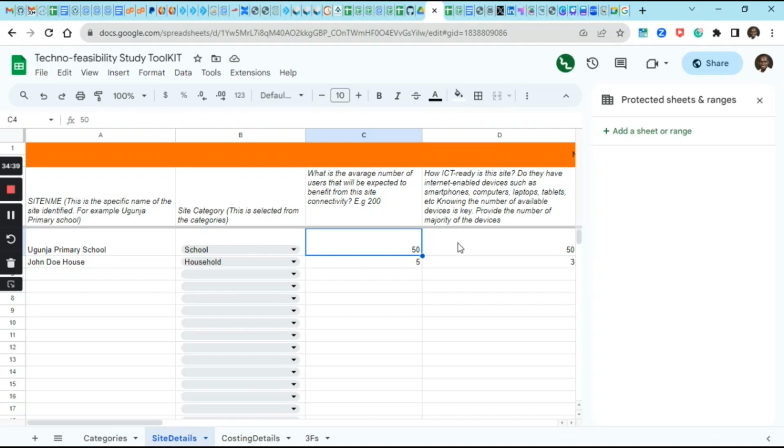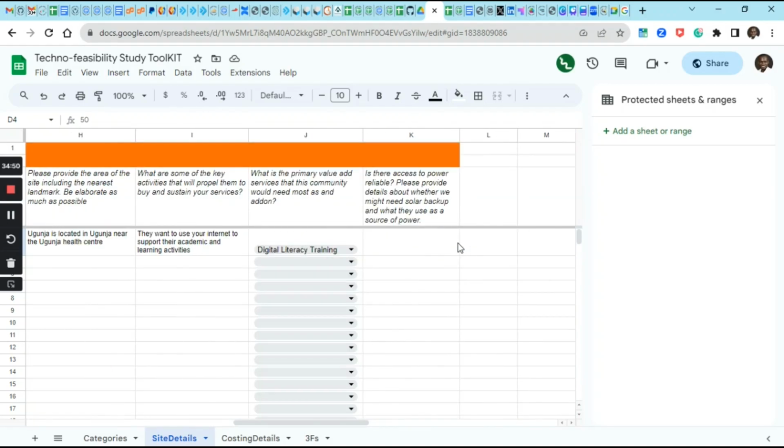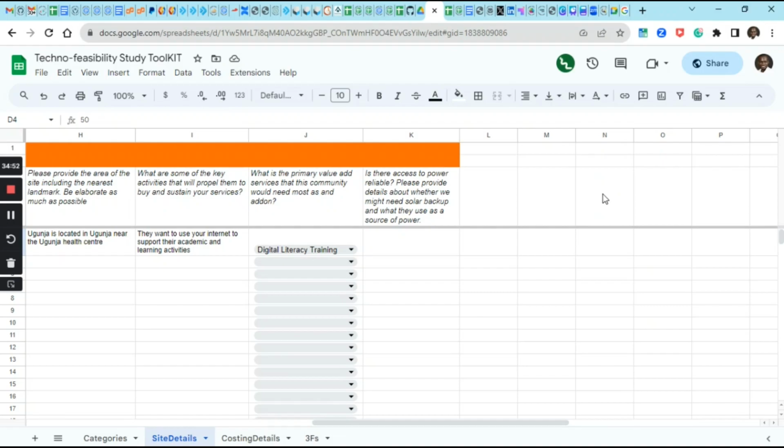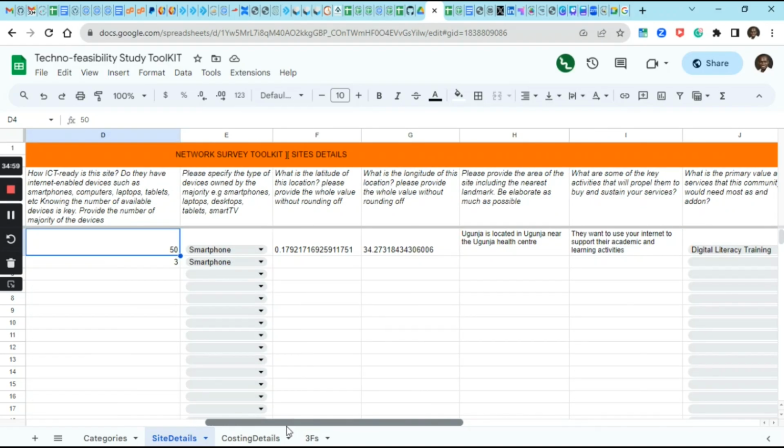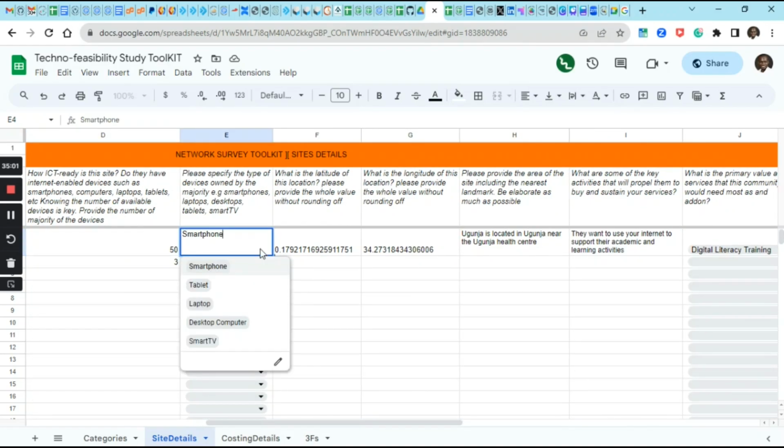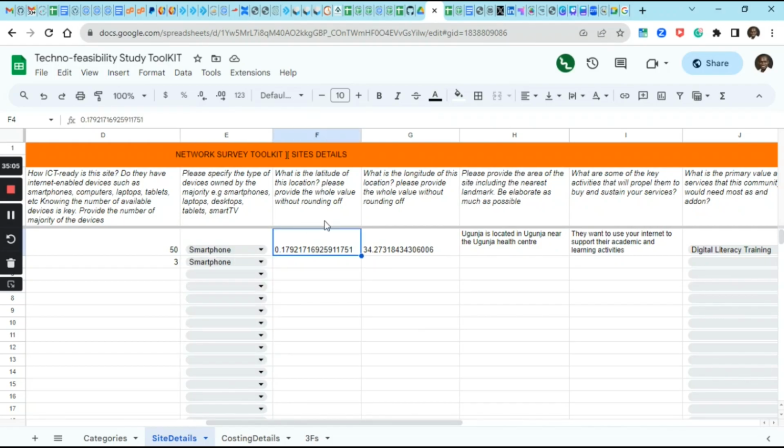And then how ready is it? Does it have ICT infrastructure? Does it have laptops? Does it have a computer lab? Do they even have phones? So those are things that we can look at. And the other thing that you need to also know is whether they have smartphones, these internet-enabled devices, and do make sure that you have the latitude and the longitude, that is the GPS location.